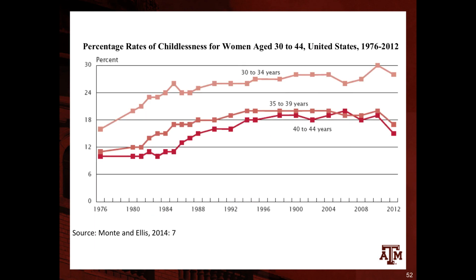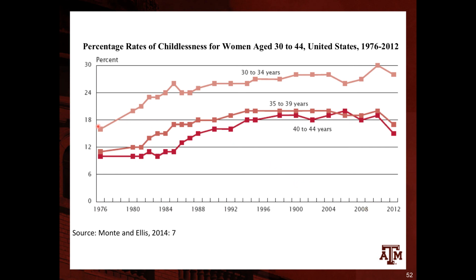Just to see some of these trends, this graph shows the percentage rates of childlessness for women between 30 and 44 years of age, between 1976 and 2012.